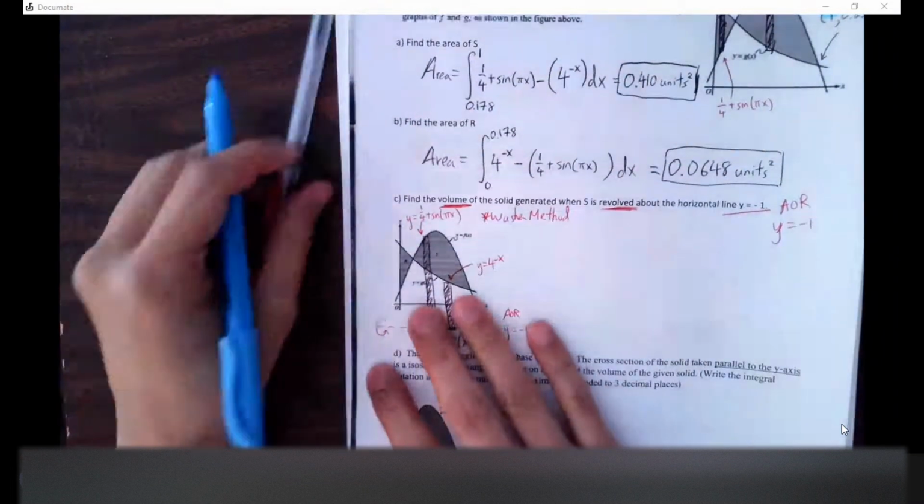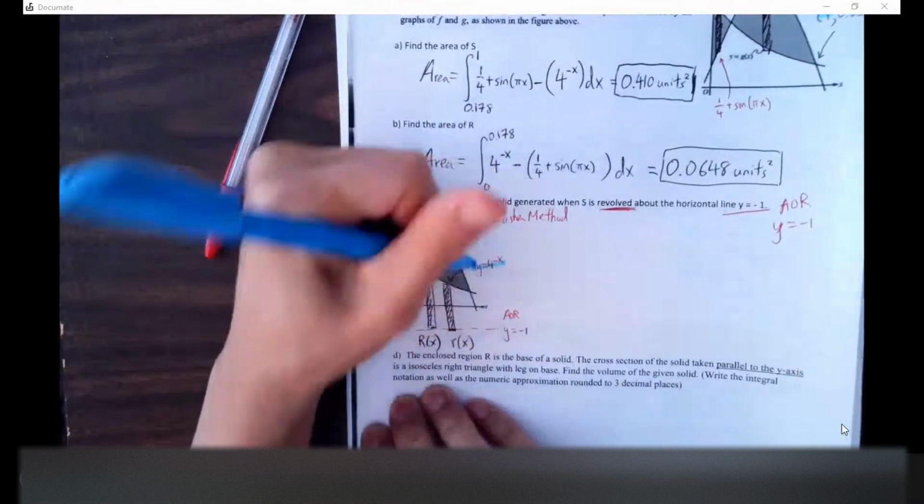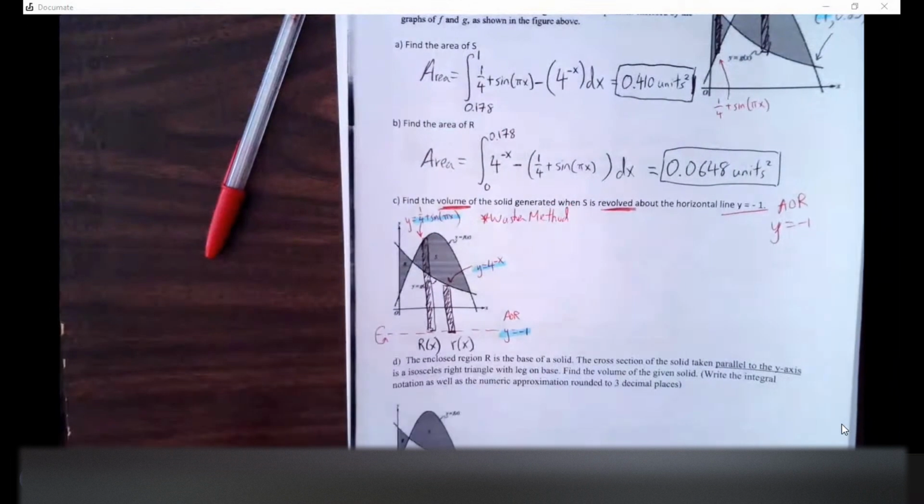So anytime that we are applying washer method, we're looking for 3 equations to use. And so here we have our 3 equations that will be used to help create our radius expressions.